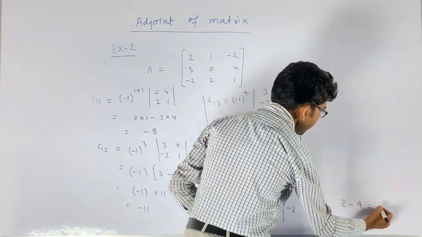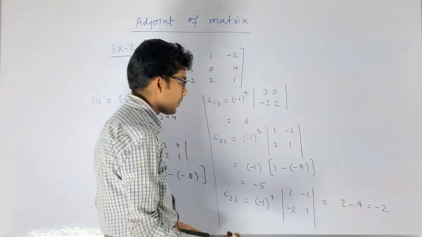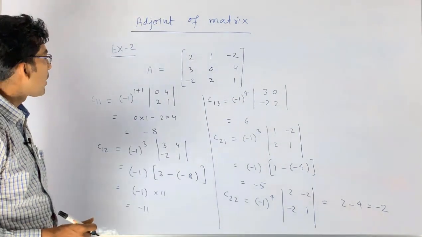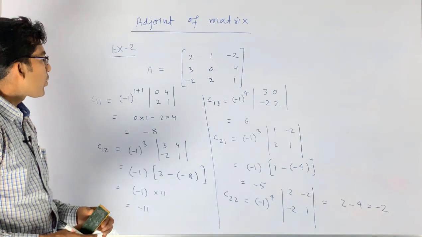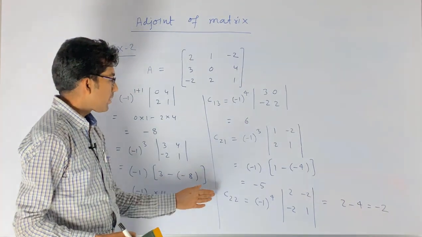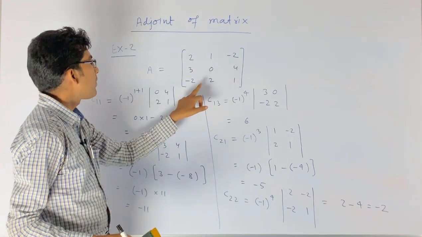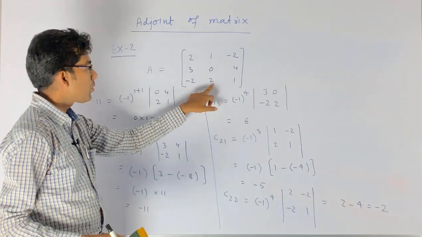So this is equal to minus 2. Okay, students, now you can find the same for the other elements like 2, 3, 3, 1, 3, 2, 3, 3.